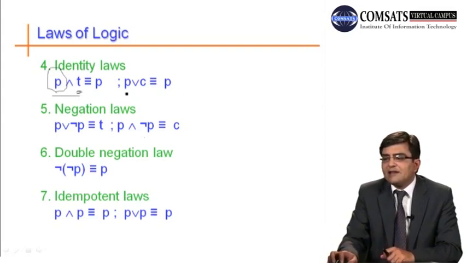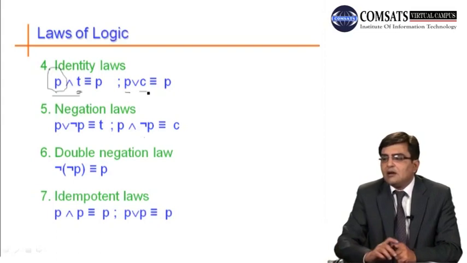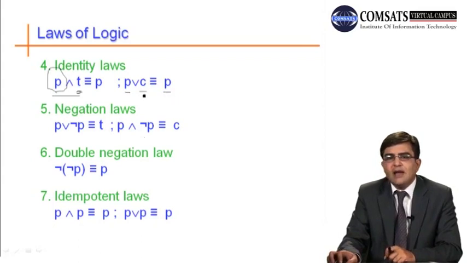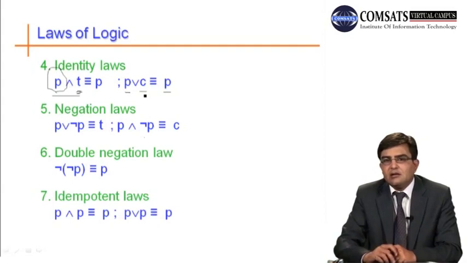The second law states that if we have a proposition P and a contradiction C, then the disjunction of P and C is logically equivalent to P, because we know that C has all possible truth values as false.